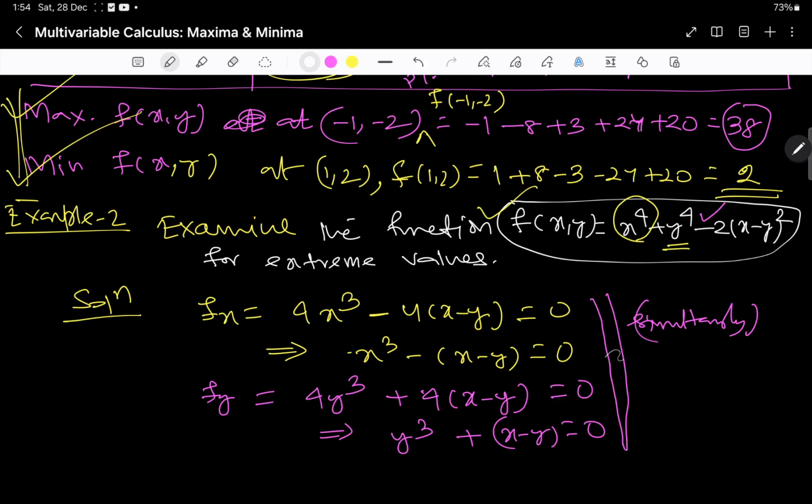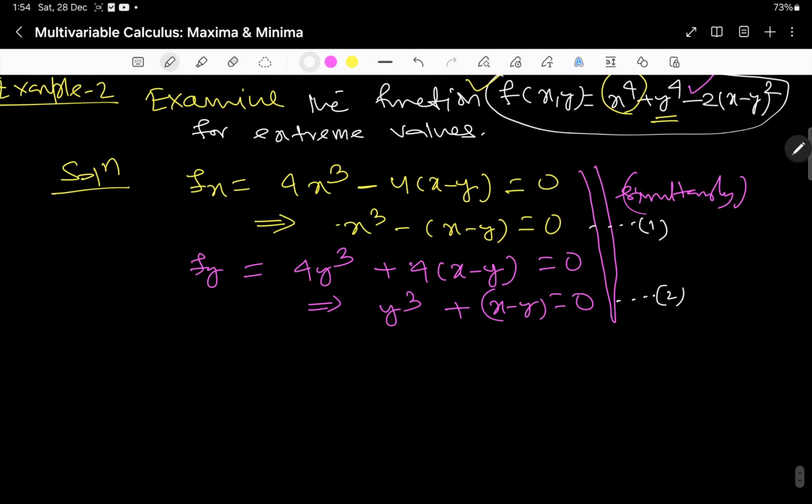Let it be my equation 1, let it be my equation 2. Now from equation 1, your x cubed is equal to x minus y, right? Now you substitute in 2.